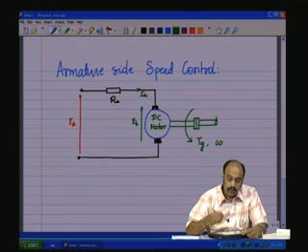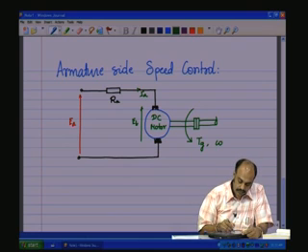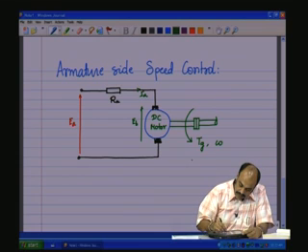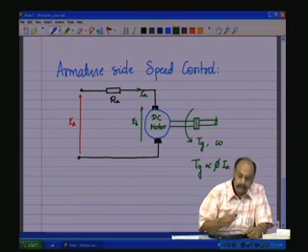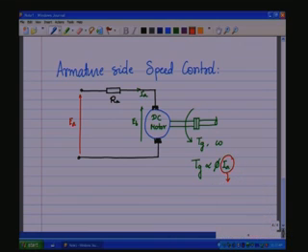Now, to control the speed, we need to change EB. Of course, the speed is going to affect the induced EMF EB, and we saw that TG was proportional to the two main parameters phi and IA. Let us first look at how we go about changing IA.